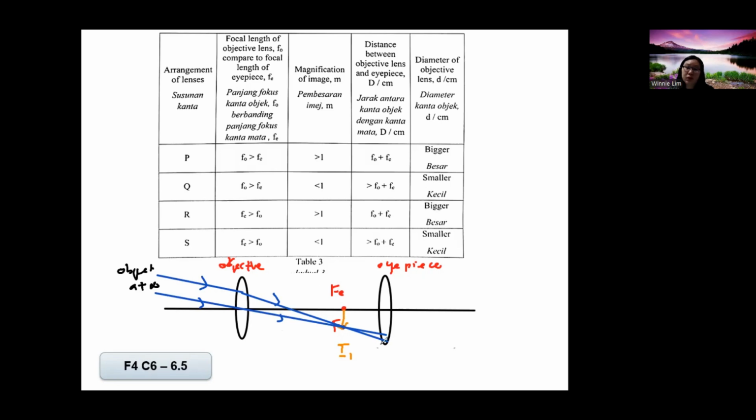Then this first image acts as the object for the eyepiece. Then you draw a reference ray and make it dotted, because you know the image is formed and you know the optical center, so you can draw a ray. It is dotted because it is just used as a reference, because we want to know what happened to the two blue rays that are coming up.